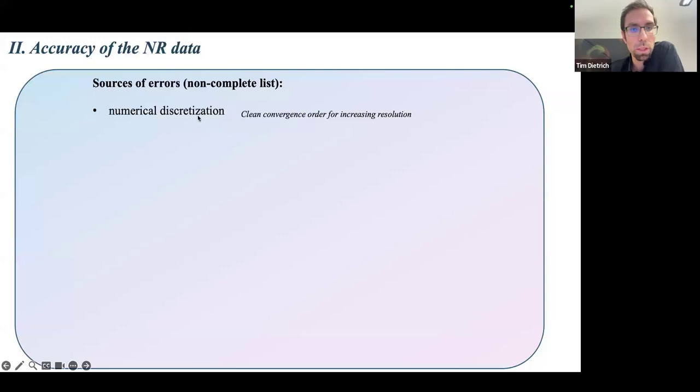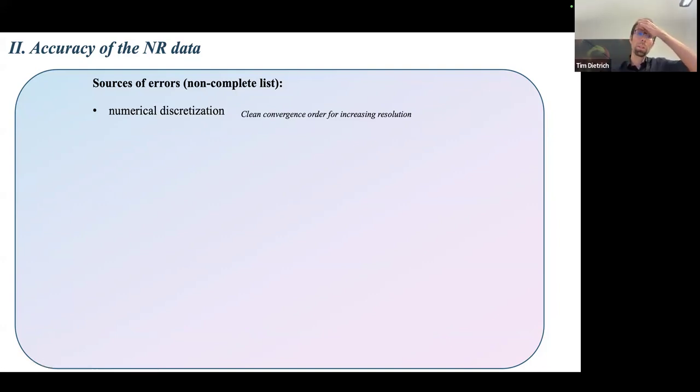And also this is, of course, a non-complete and subjective list where I try to list the points that I think are actually most dramatic and most problematic in terms of modeling waveforms, for calibrating waveform models. The first is the numerical discretization.